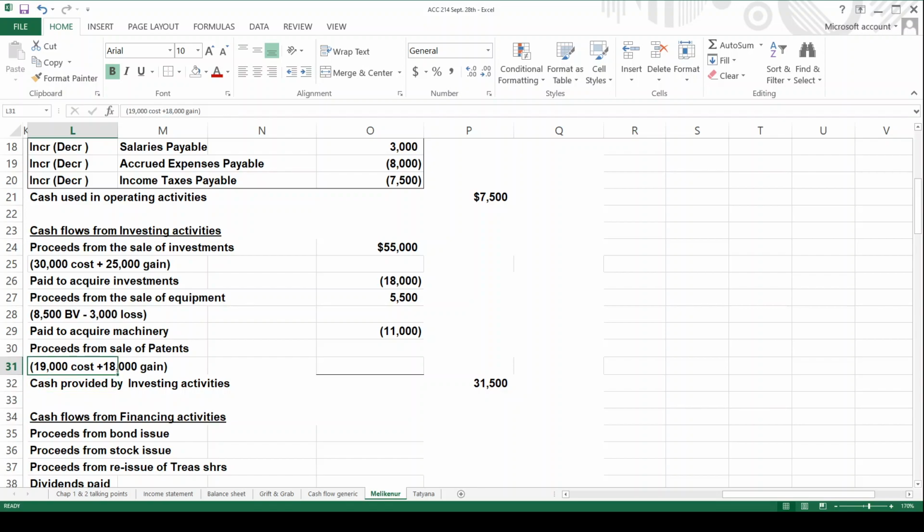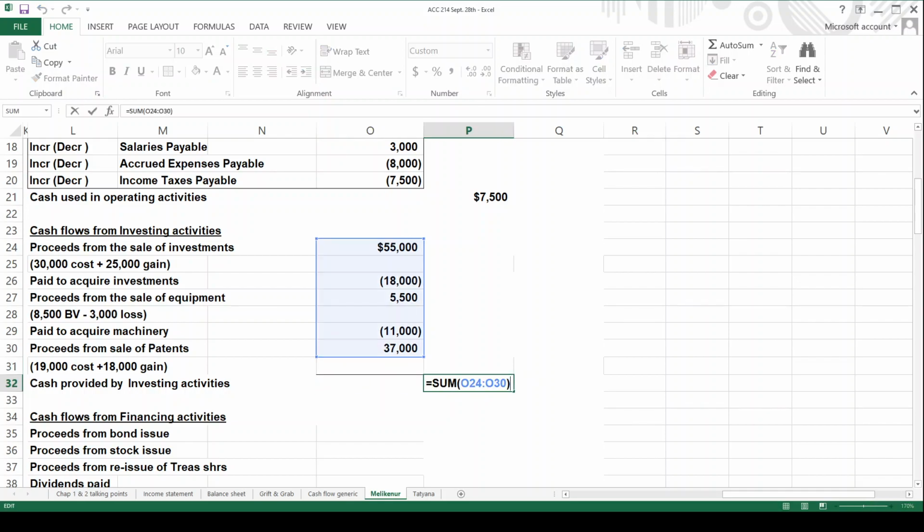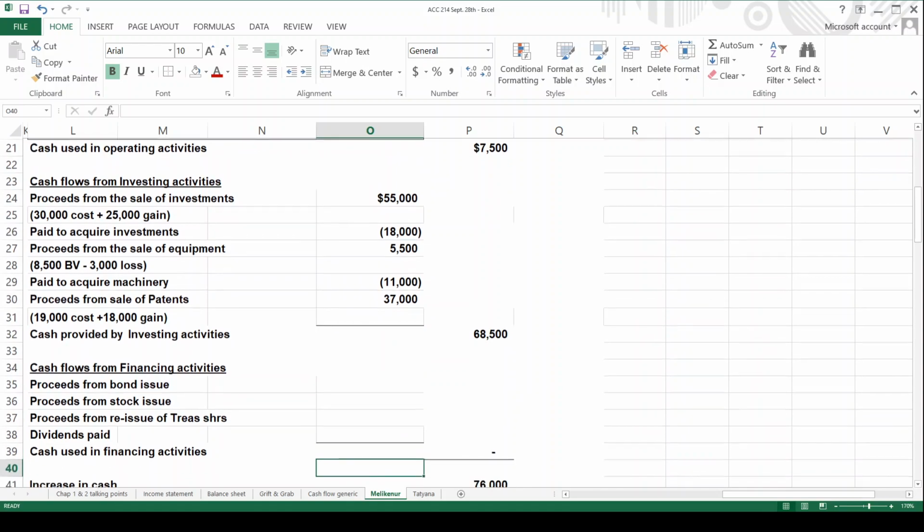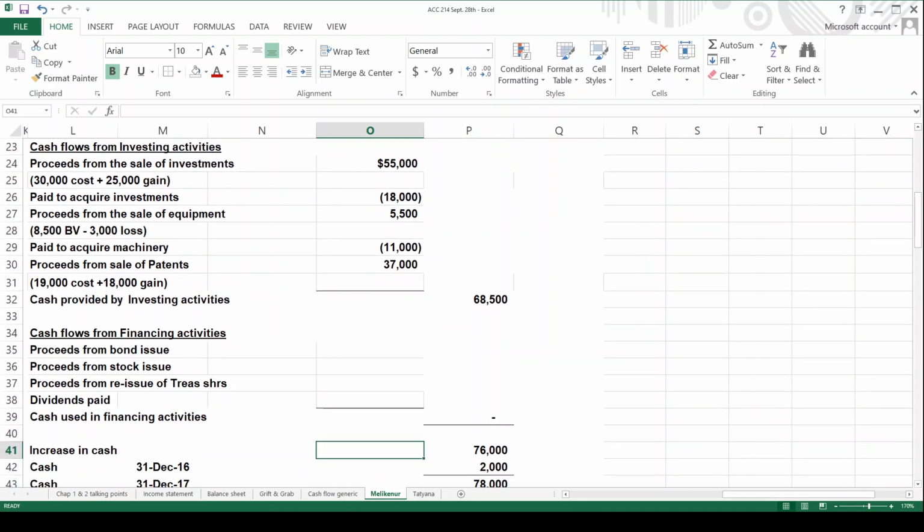We sold, amortized cost of 19, sold at an $18,000 gain, so the total amount is what? $37,000 incoming. And there's the total for the category. 68.5.